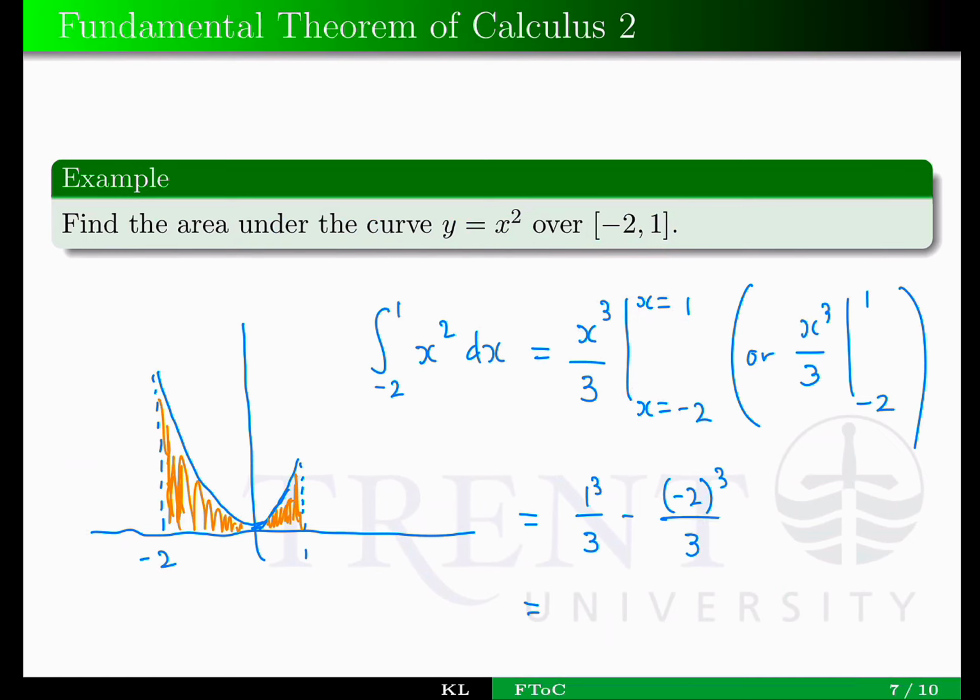So if we simplify this, this is 1/3 minus negative 2 cubed, that's negative 8. So we have negative 8 over 3, but we got here negative and negative, so it becomes positive. So 1/3 plus 8/3, this is equal to 9 over 3, which is equal to 3. So that is the area under the curve of y equals x squared over the interval negative 2, 1.